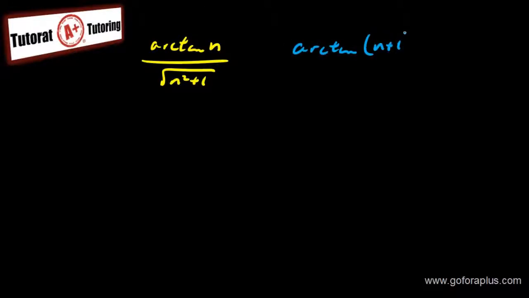So let's do that. I have arctangent of n over square root of n squared plus 1. Is this smaller or bigger than the next term? Let's see. I'll put some values in it. I'll write down arctangent of n plus 1 over square root of (n plus 1) squared plus 1.